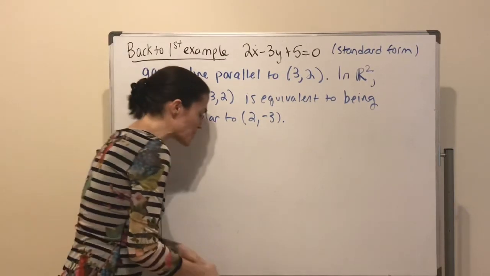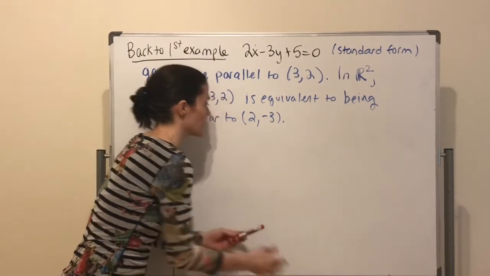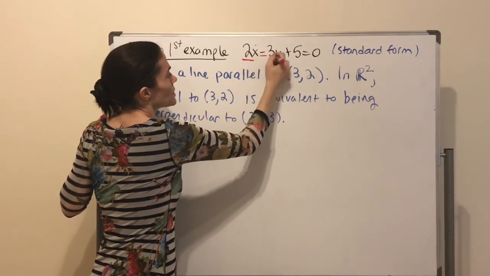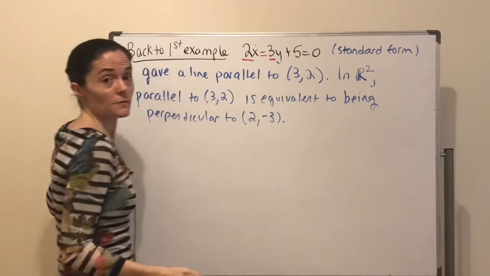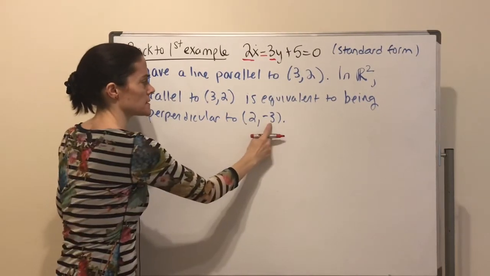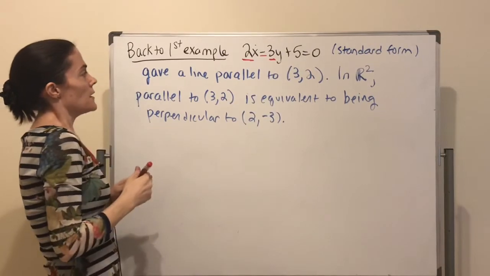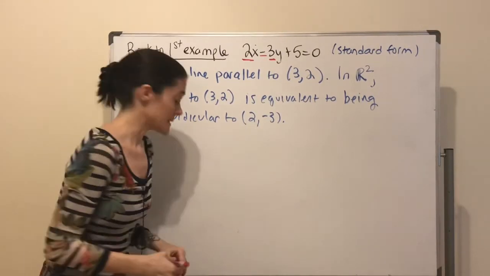Well, where do you see (2, -3) here? We look here and we look here. We see 2 and -3, and this is in front of the x, this is in front of the y. Okay, and this is not by chance.